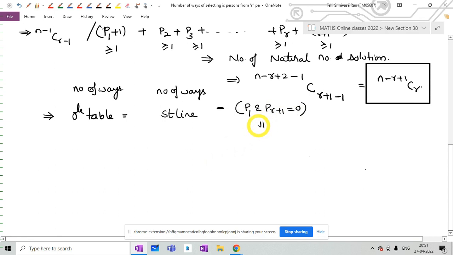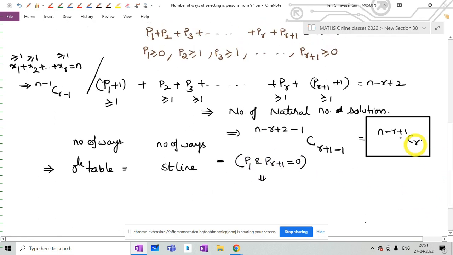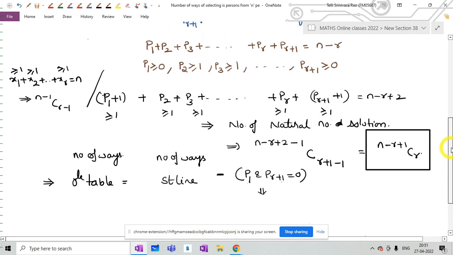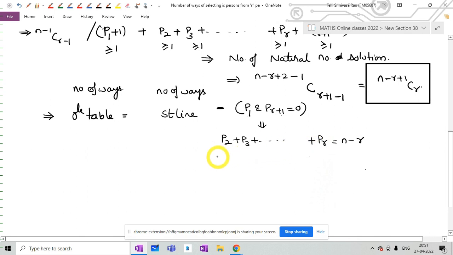So how many ways can this be done? If we take p1 and pr plus 1 both as equal to 0 in this equation, what do you get, children? p2 plus p3 plus so on up to pr is equal to n minus r. Here p1 and pr plus 1 are both taken as 0.